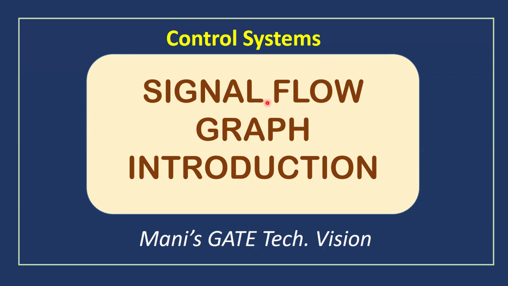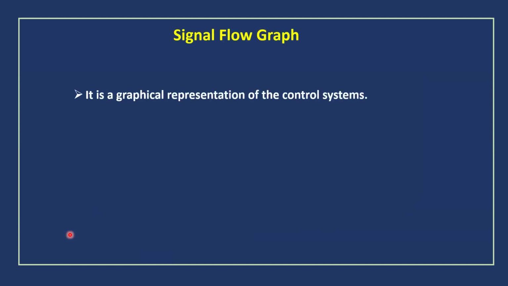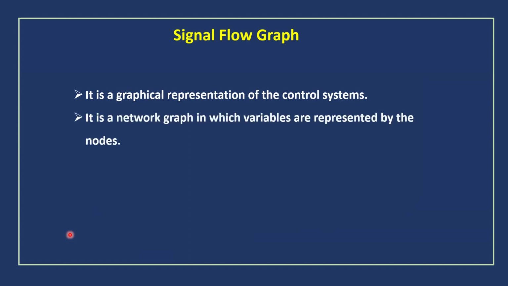In this lecture, we will discuss the basics of signal flow graph. First, what do you mean by signal flow graph? It is a graphical representation of the control system and its flow of signals. And also, it is a network graph in which variables are represented by the nodes. Variables are such that input variable and output variables.